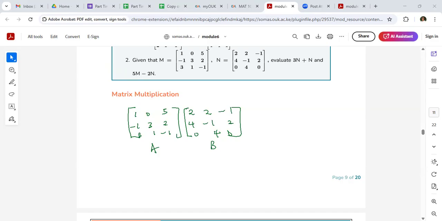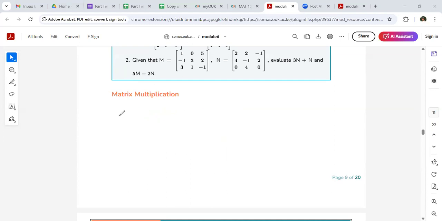So we'll start by first of all demonstrating multiplication of a row vector. A row vector in this case would be a vector that has one row.